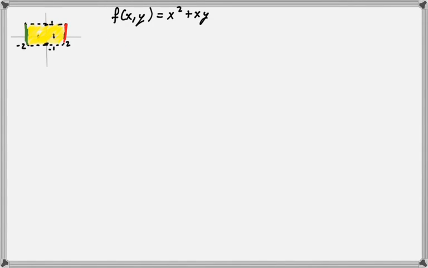Write down our function, f of xy is equal to x squared plus xy. So now we're going to look at the boundary y is equal to 1. So f of x comma 1 is going to be x squared plus x. Now this is a quadratic, so it is going to be a little bit different than the line. We're going to look at the critical numbers of the quadratic.